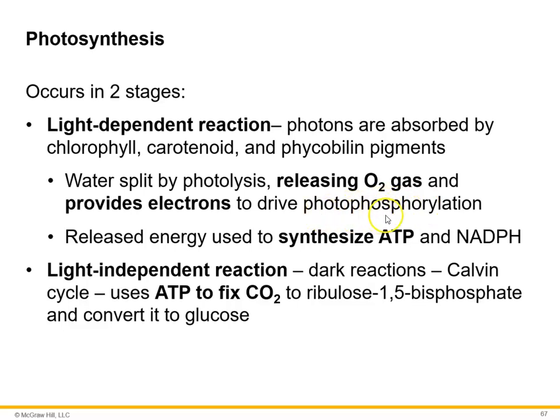And in photophosphorylation, ATP is synthesized. Then you've got light-independent reactions. And just know the organism uses ATP to fix CO2, so basically to take CO2 and ultimately convert it to glucose. So that's how the photosynthetic organism makes its nutrient molecules.